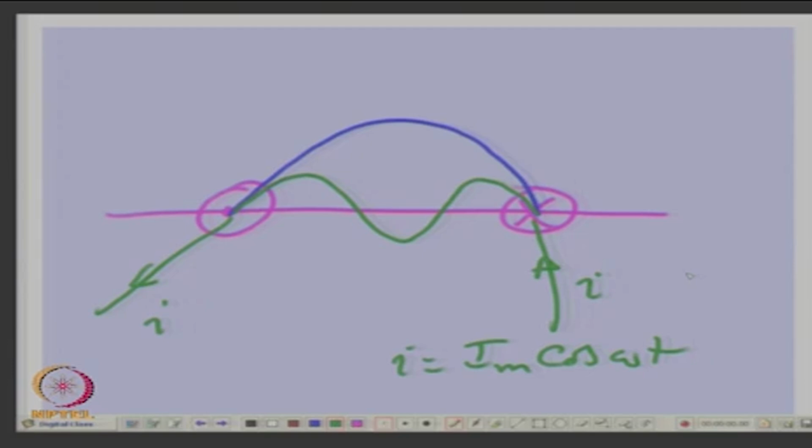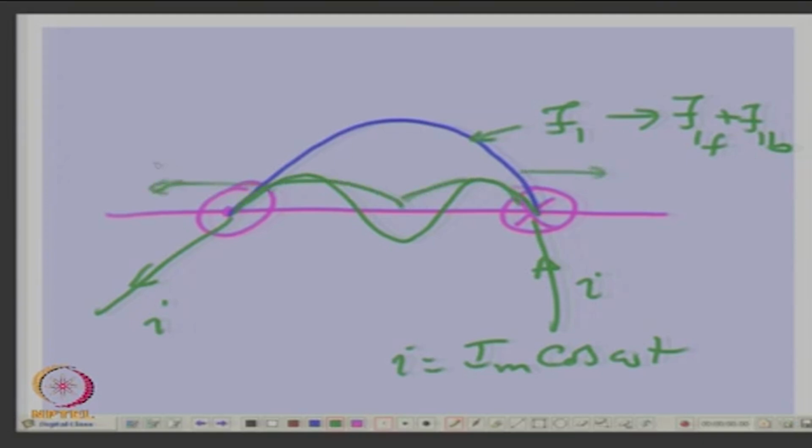Now, then we told that it will give rise to forward and backward fields, right. So, let us say F1 will lead to F1 forward plus F1 backward, is it not? It will give rise to, with half the amplitude, one moving forward and another moving backward.